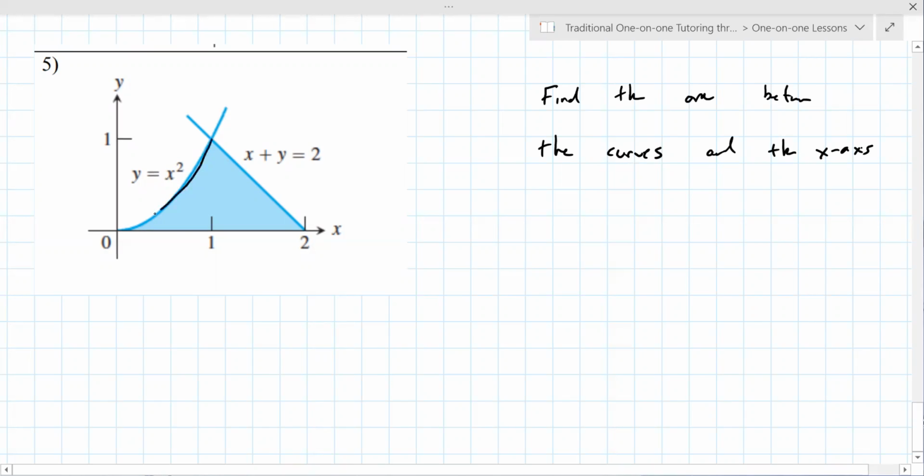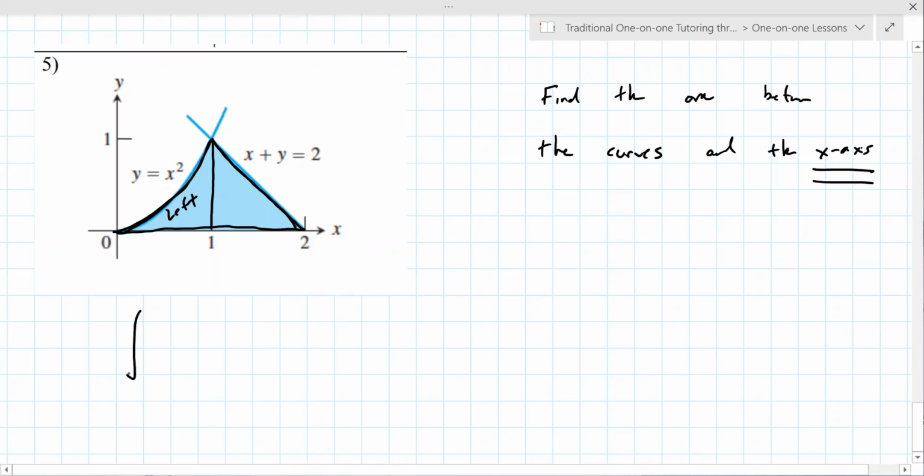So it's this curvy region here. And the reason, well, there's really two regions here, because on the left here, there's only a top curve. And on the right, there's only a top curve.